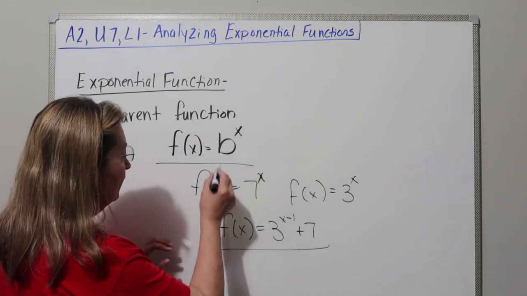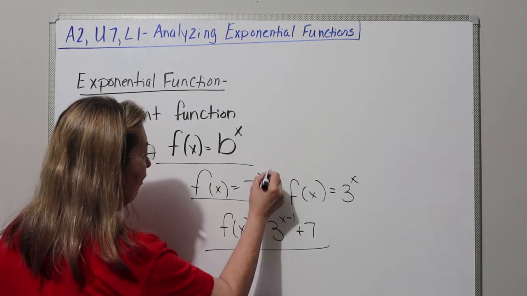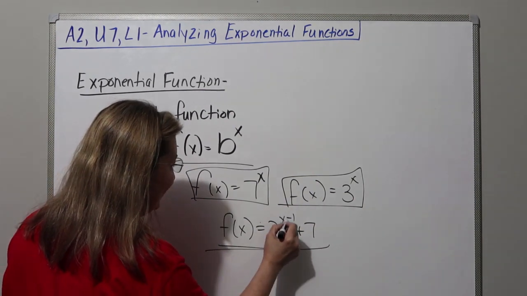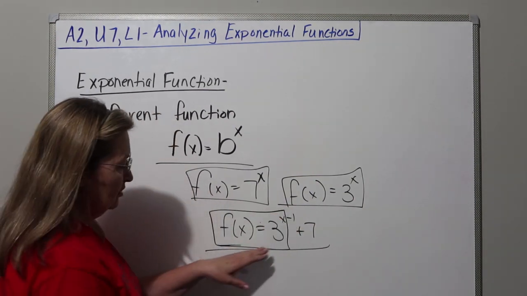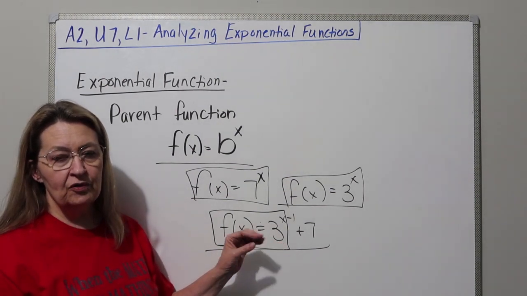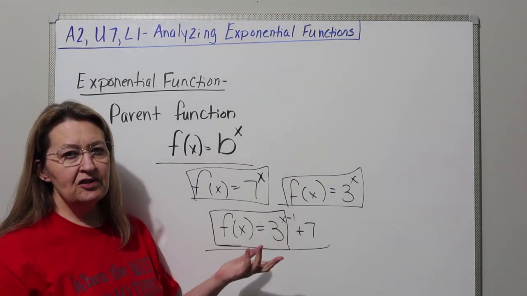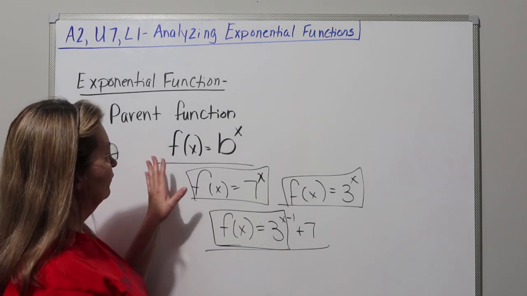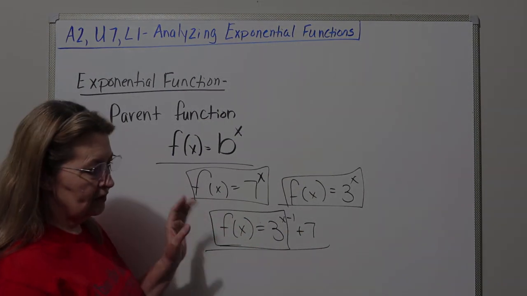But for now, the parent function of all these is just the base and its exponent. So like this one, your parent function is just f of x is equal to 3 to the x. Now let's look at some of the characteristics of the graphs of a couple of different exponential functions.